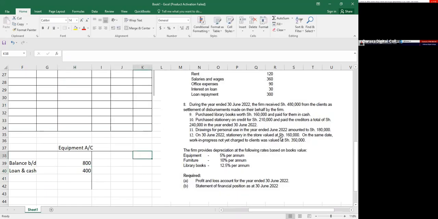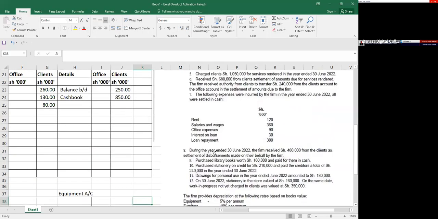So cash, we are told that we paid how much? 100,000. So what I'm going to do here, we're going to have, of course, our cash book. That amount that you are paying, that is equipment, 100,000. Equipment here.